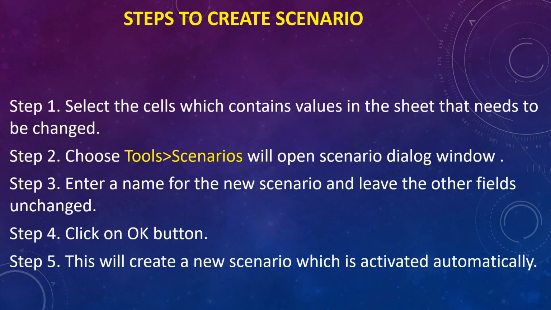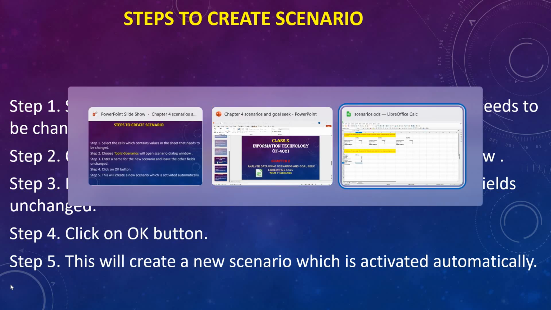First we need to select all the cells that contain the values I want to change. Then I have to go to Tools and then the Scenarios option. After that, I have to give a name to that particular scenario and then click on the OK button. Later on, I can select any scenario and see what the various values and the various results are. So let's do it practically in LibreOffice.